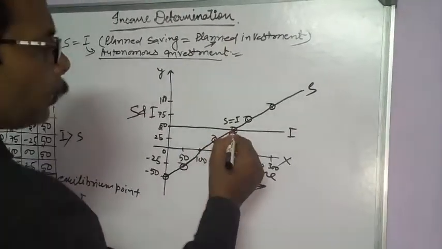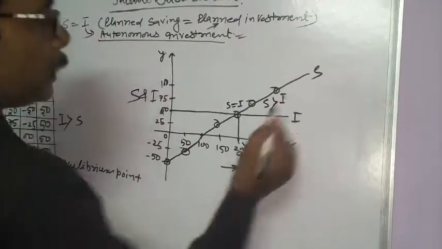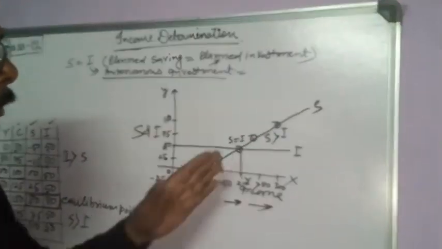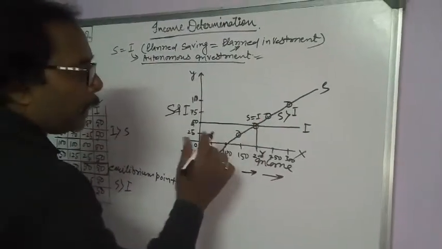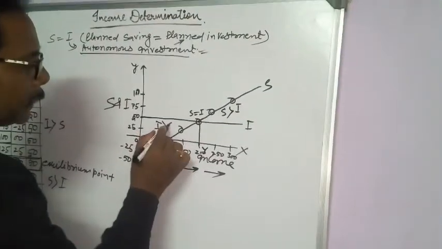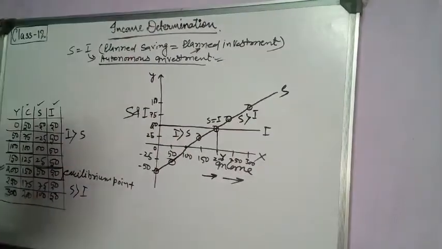After this point, what do you find? You find that S is greater than I, because the saving line is above the investment line. Clear? And below the point where S is equal to I, the equilibrium point, we find that I is greater than S, meaning investment is more and saving is less.